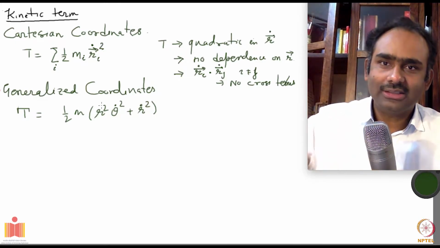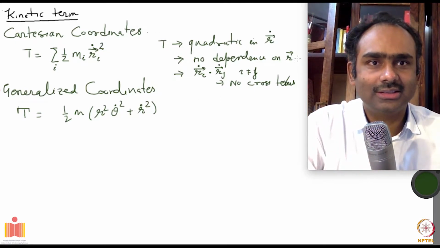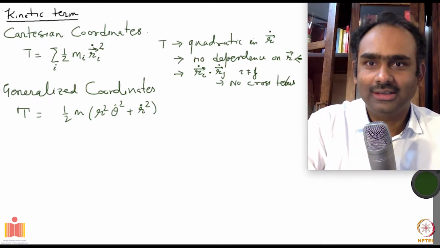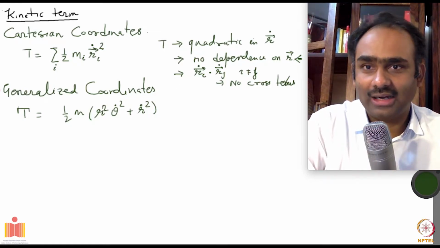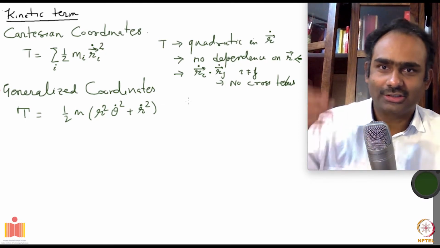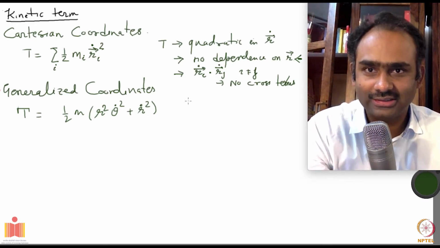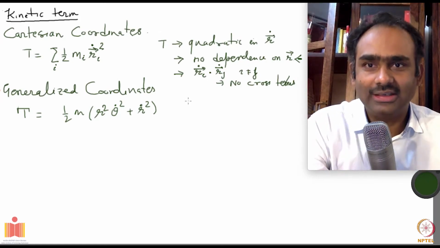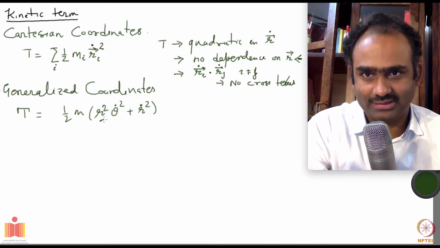So in this example itself, you see that this condition is not true. The generalized coordinate r can appear, or in some different context some other coordinates could also appear. So it's not just the generalized velocities theta dot and r dot that appear, but the coordinate itself can appear, which is the case here.